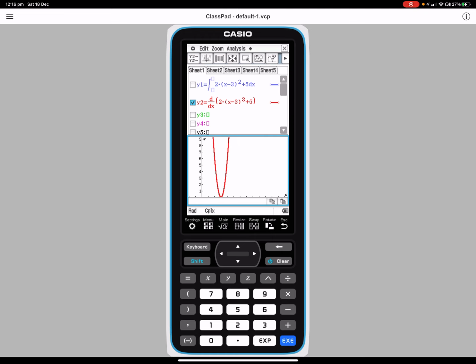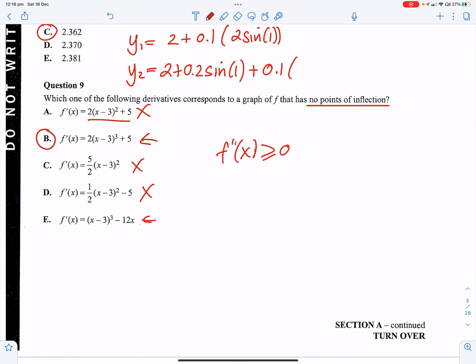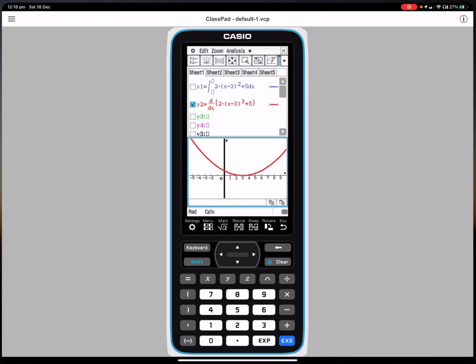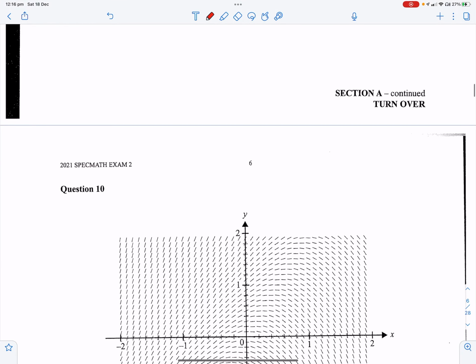Okay, so if I go zoom auto, you can see the second derivative never changes sign, which is what causes a point of inflection. So that's got to be my answer. We can check the other one, x minus 3 cubed minus 12x. I think we'll see, yeah, that changes sign because it goes below the axis.